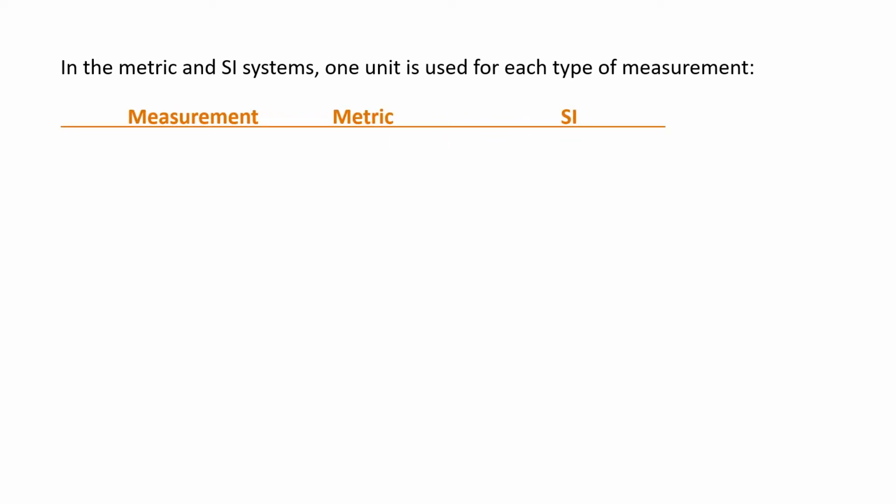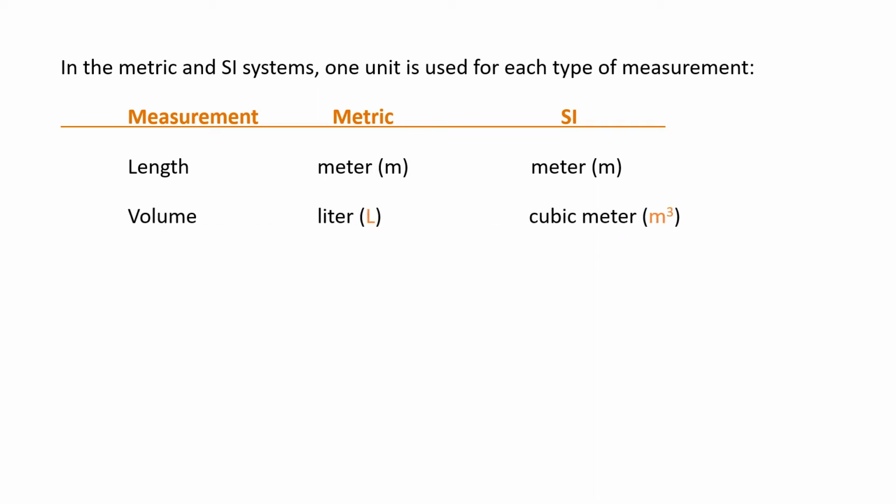Let us see what the differences between the metric and SI systems are. You can see that the unit of length in metric and SI systems is the meter again, so no difference there. But in the case of volume, the unit in the metric system is liter, but in the SI system it is cubic meter.